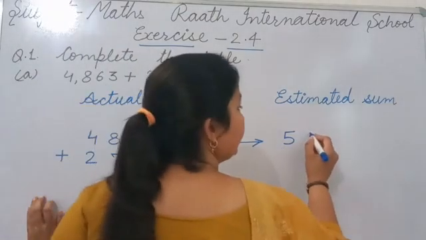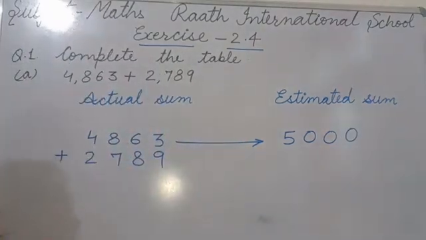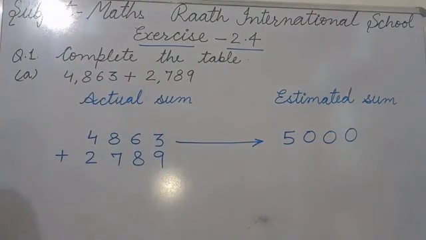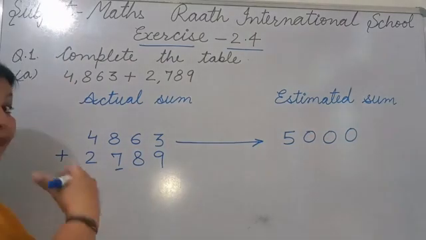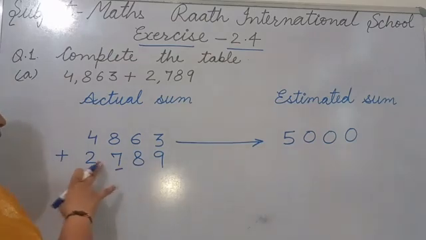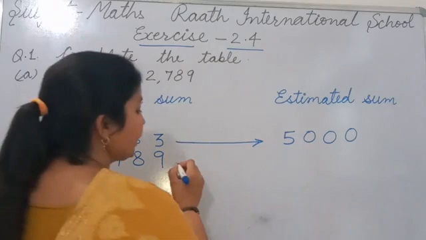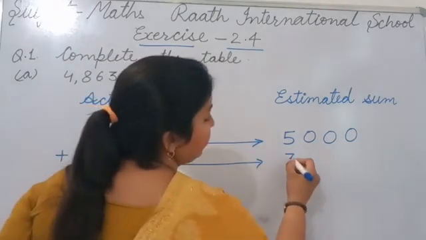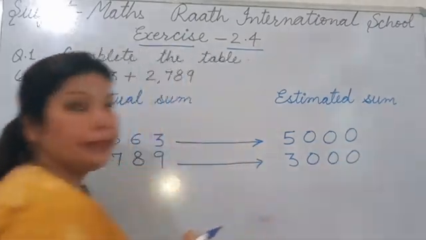Next is 2789. Again there is 7, which is more than 5, so again we increase. 2 plus 1 is 3. So we write its rounding number: 3, and the 100, tens and ones columns will be 0.